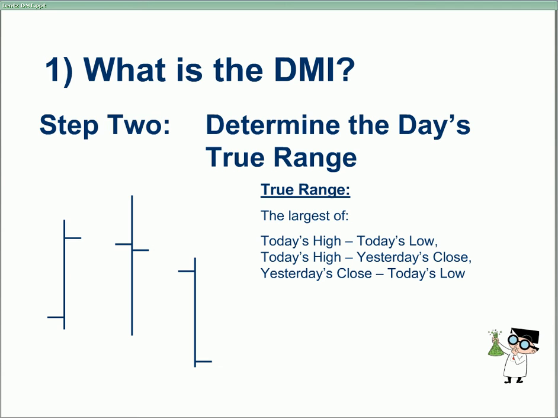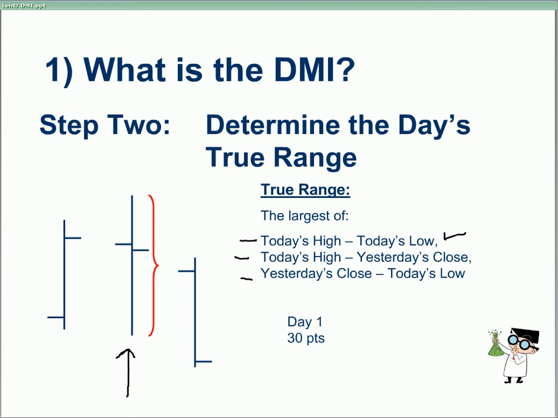So the second step is that we have to determine the day's true range. And so an average true range is the largest of either of these three things: today's high minus today's low, today's high minus yesterday's close, or yesterday's close minus today's low. So once you do that, you can see that for this day here, we would have used the first one, today's high minus today's low.